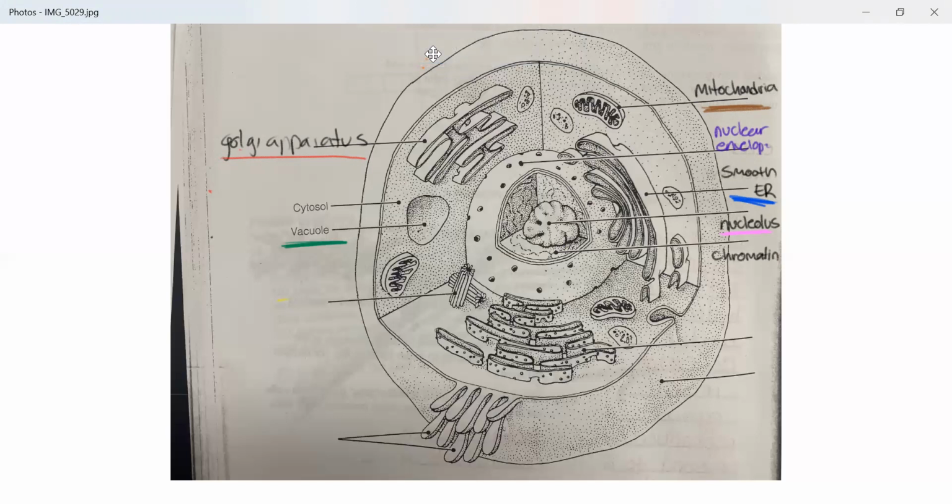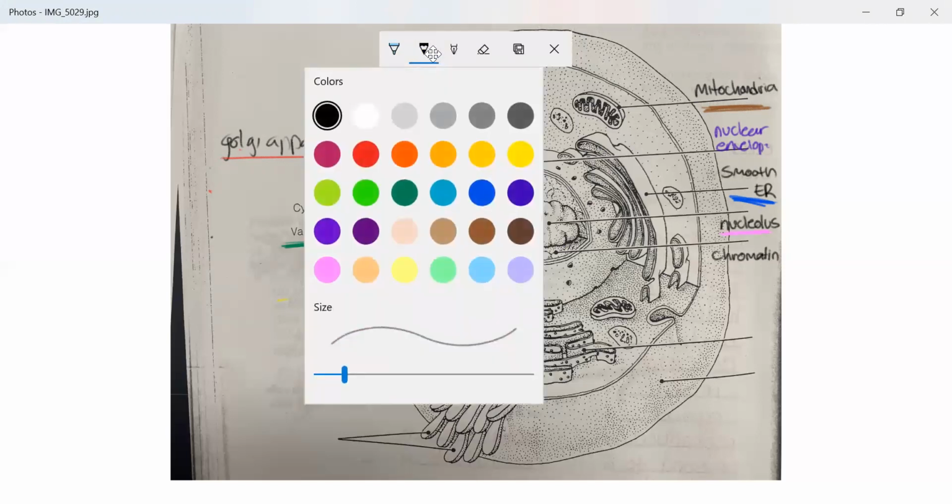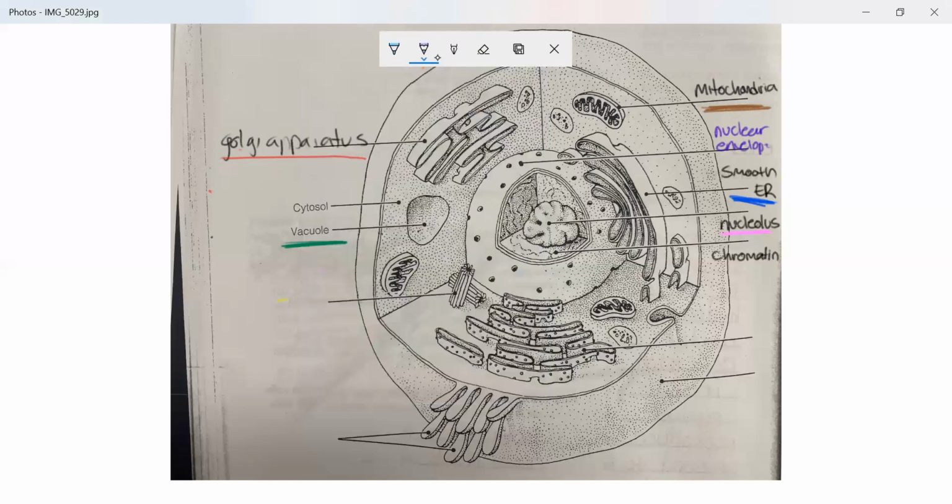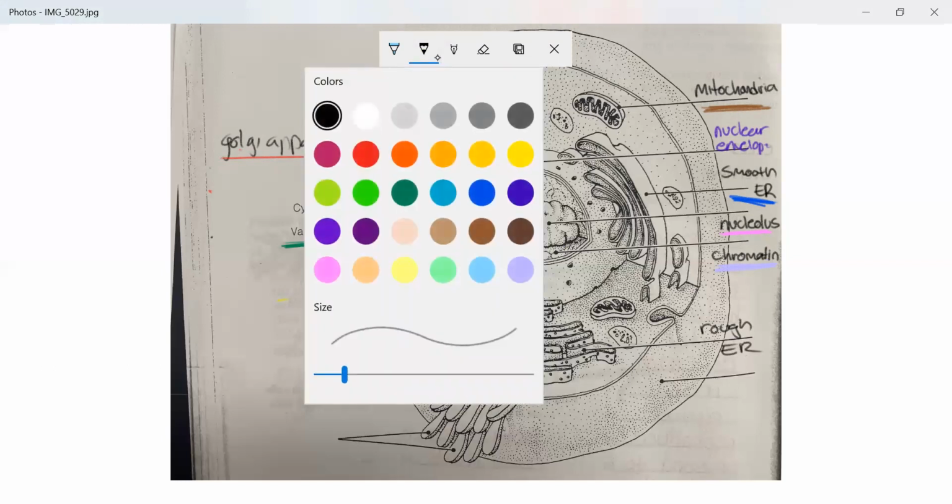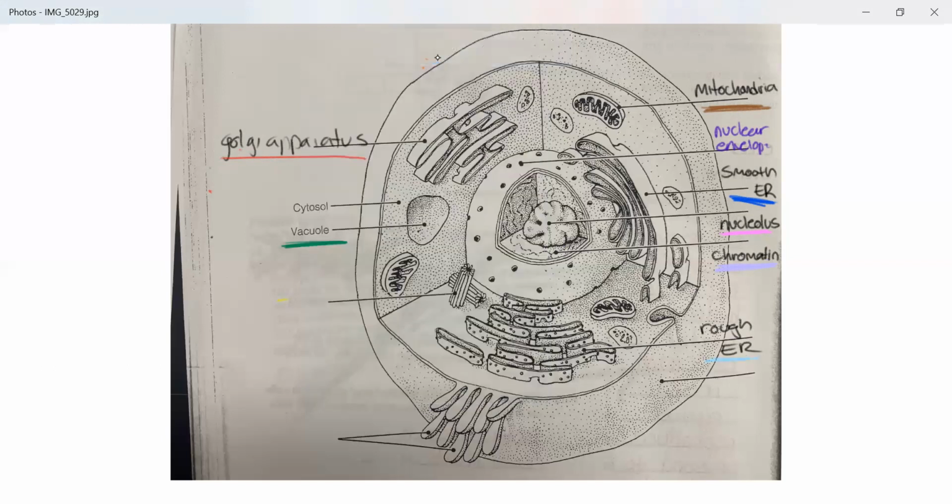I want you to make the chromatin or DNA light purple or lavender. Okay, next we have the rough endoplasmic reticulum. So we'll say rough ER. I would like you to make that sky blue or baby blue, same thing.